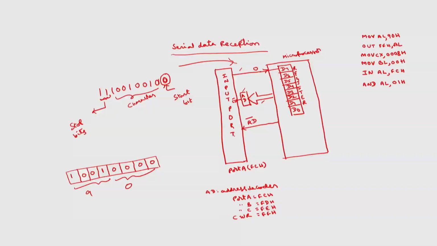Whatever is received on the input port, this entire input port, because we are not using PA7, PA6, PA5, PA4, PA3, PA2, PA1, PA0. Here some bits will be received, but we are not using these bits. So, if I write IN AL comma FCH, this entire data will come into the AL register.